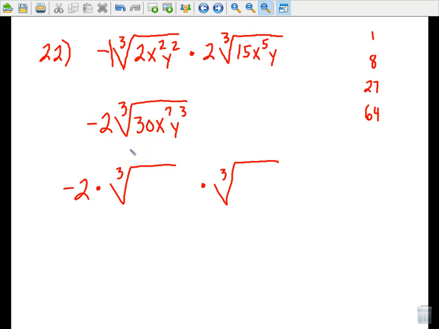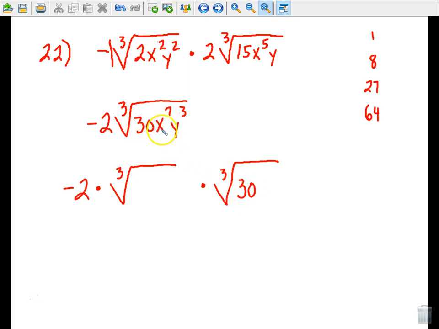So 30 isn't a perfect cube number, and none of the numbers in the perfect cube list divide into 30 evenly. So that means I'm putting all of the number 30 over in this bad group, this radical that cannot be simplified. Okay, so that takes care of 30.